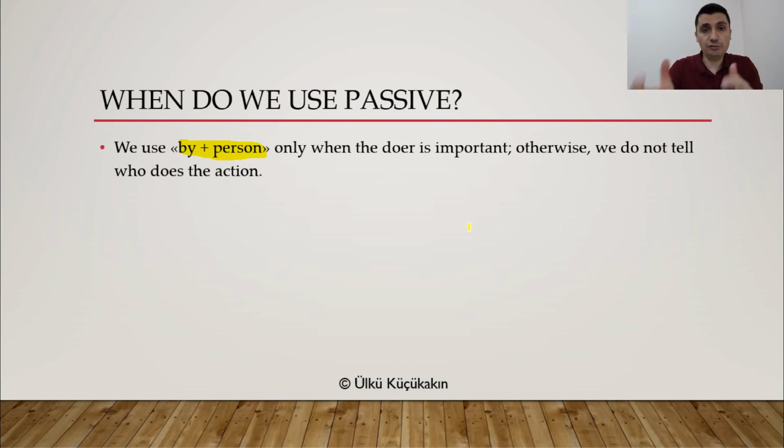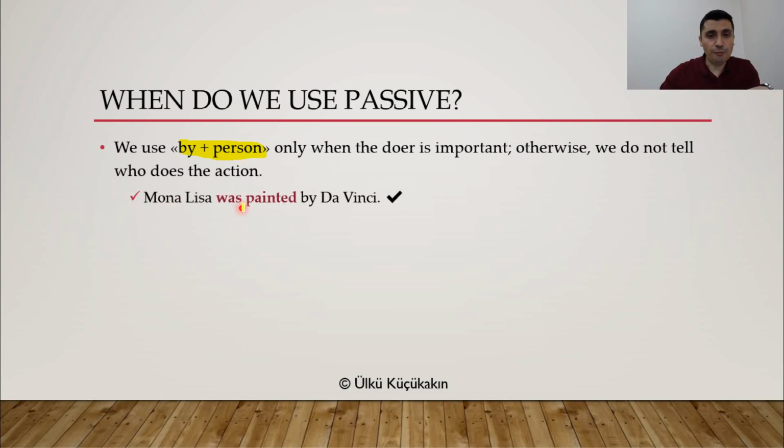Now here, Christopher Columbus is important, all right? But America is more important in our sentence. So, another example, Mona Lisa was painted by Davinci. Here, the painting Mona Lisa is more important.